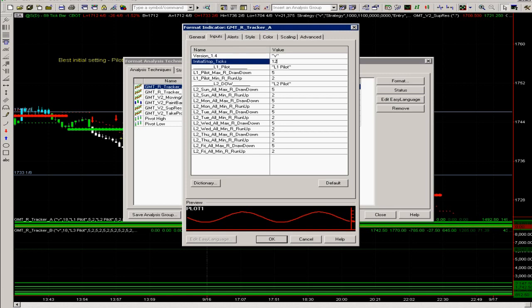Now this is the big thing here, because when we're looking at this indicator, every 12 ticks is worth $150. So that means that one losing trade is equal to $150.